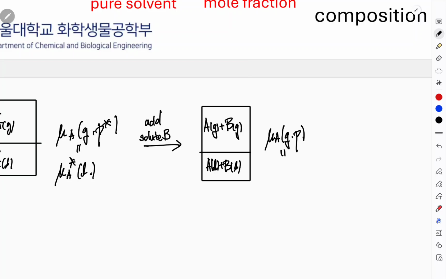So here we want to know the chemical potential of the liquid in the mixture. So we are going to use this equation here.